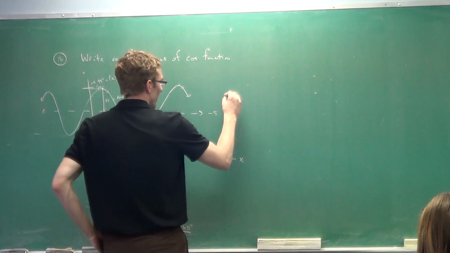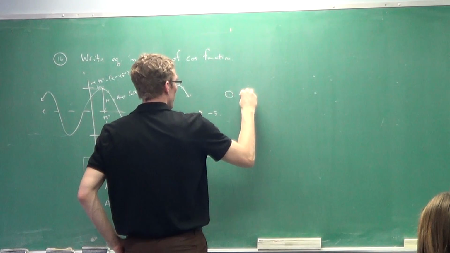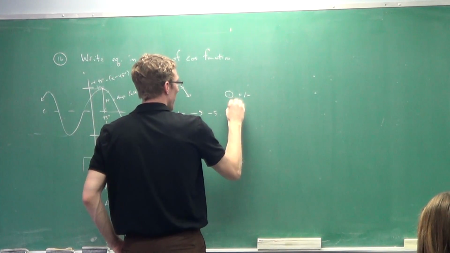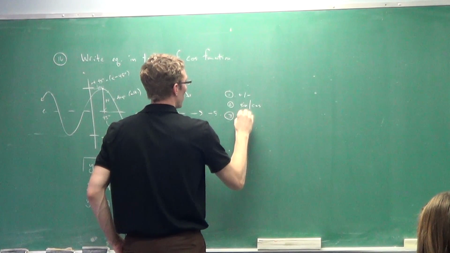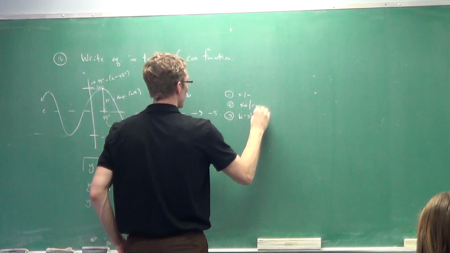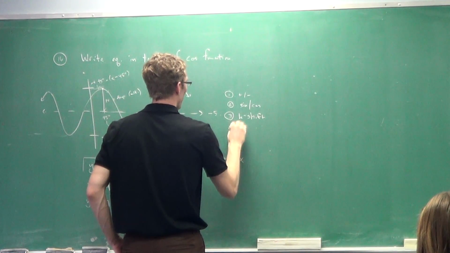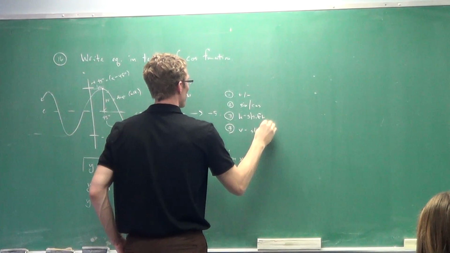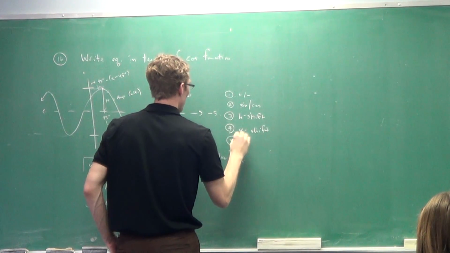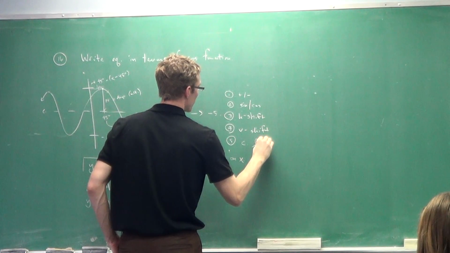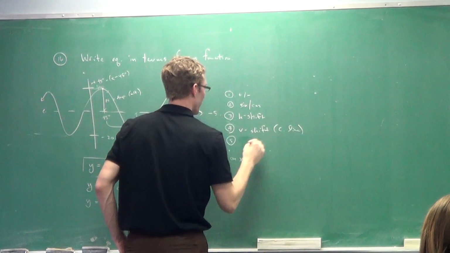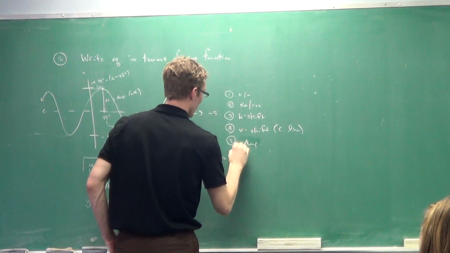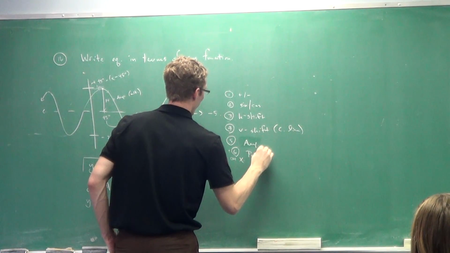I think the traits, because we've listed this before, the traits you can say whether it's positive or negative, whether it's sine or cosine, what the horizontal shift is, what the vertical shift is, where the center line is at. Actually, that's the vertical shift. And the amplitude and the period.